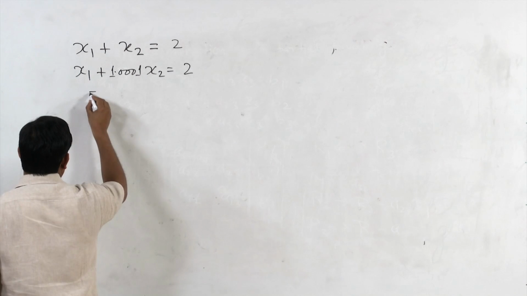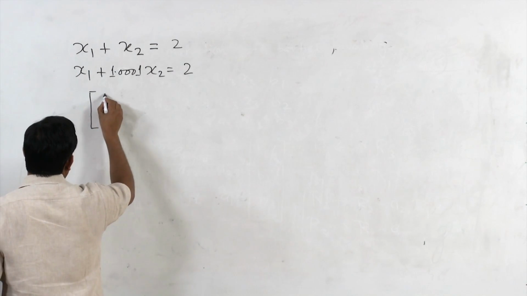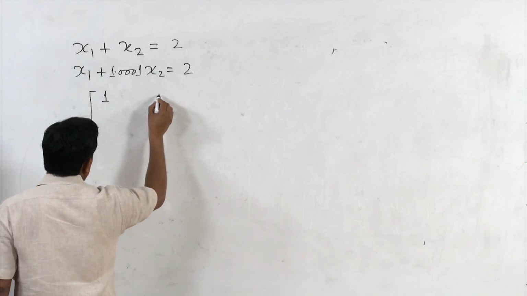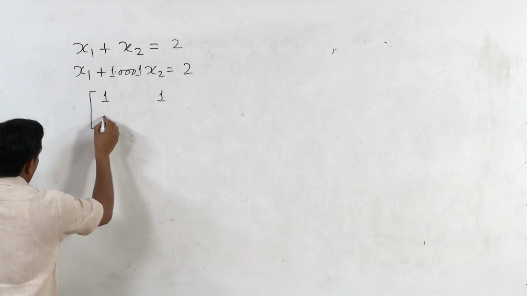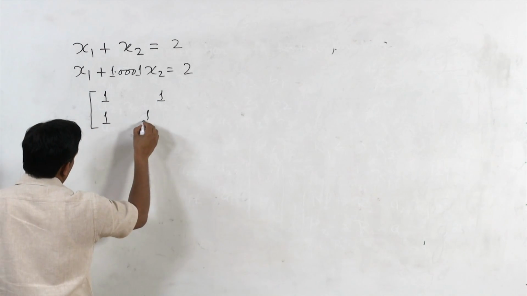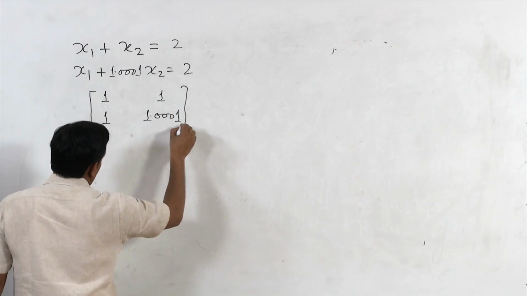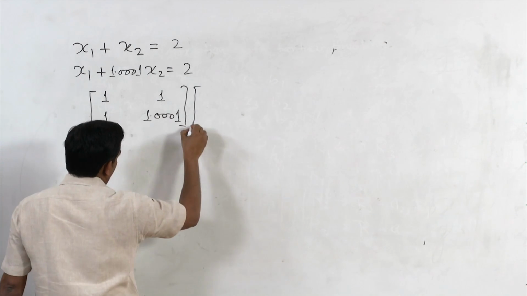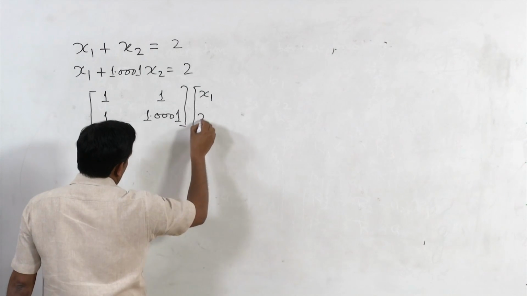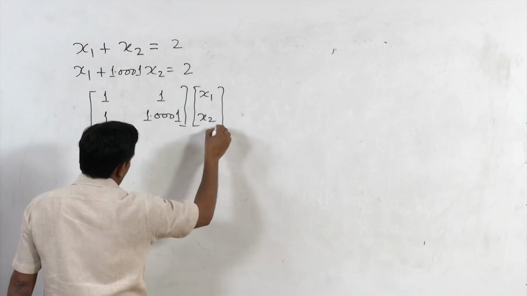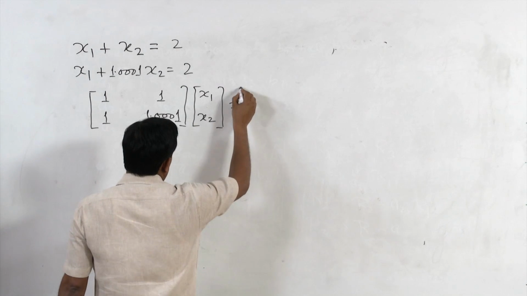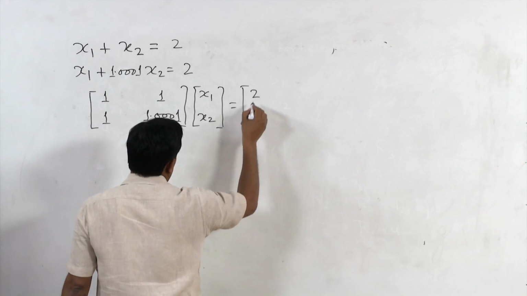Here, in matrix form, I can write the coefficient matrix as [1, 1; 1, 1.001] times the unknown vector, that is x1 and x2, and the right hand side vector is [2, 2].